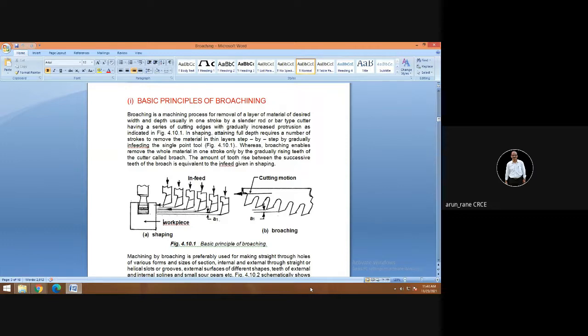Here you have to remember, you have to consider the broach length and not the length of the hole to be broached. Remember, I am telling again and again, because it is the broach which is going to pass through the hole.